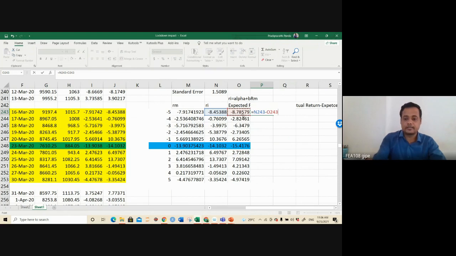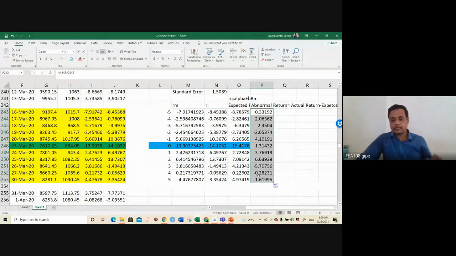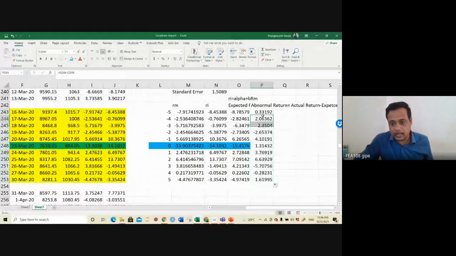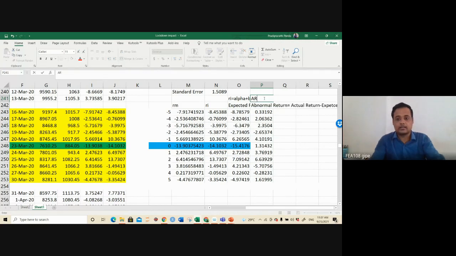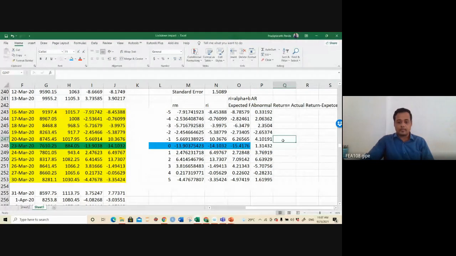So every day you will get some abnormal return, either positive or negative, between your actual and expected. All of you are getting this? This is what is called AR. You are getting AR.